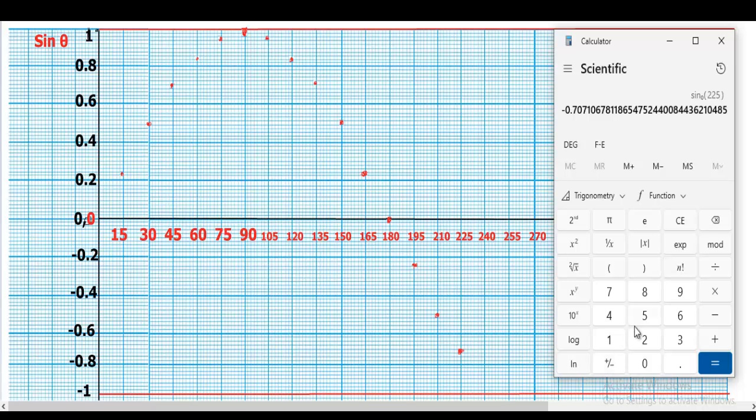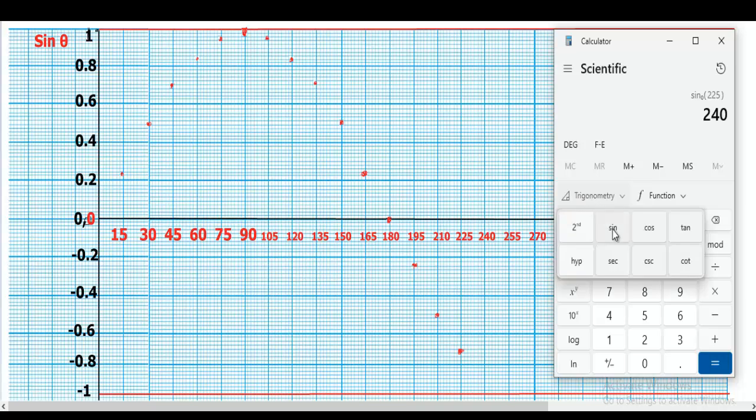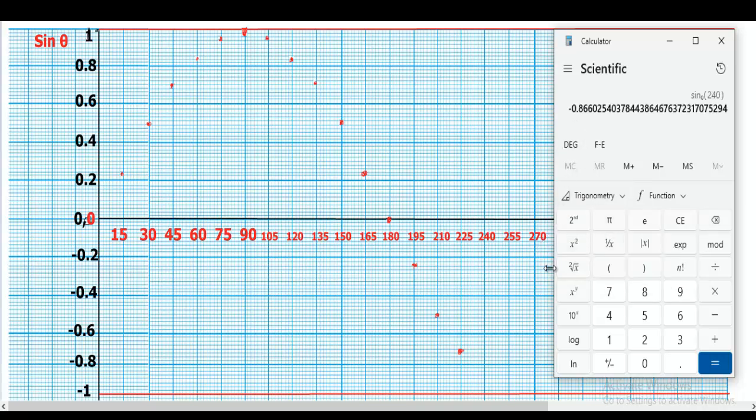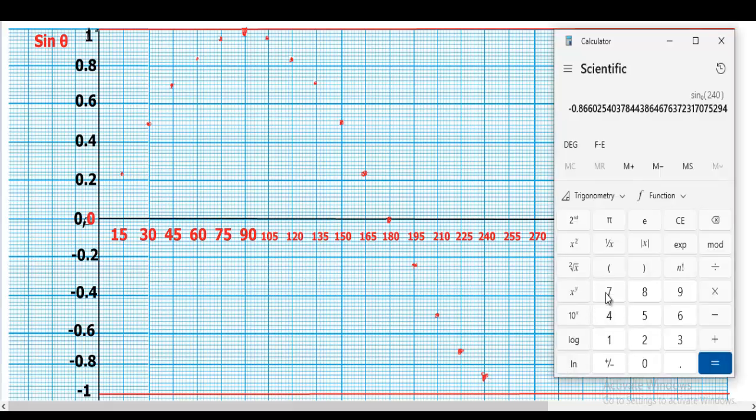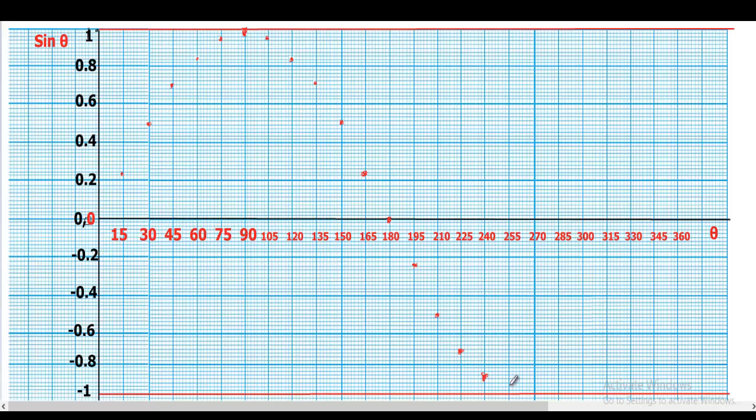Then sine 240 will be negative 0.86, and negative sign, approximately it would be here. Then sine 255 would be negative 0.96 approximately here.